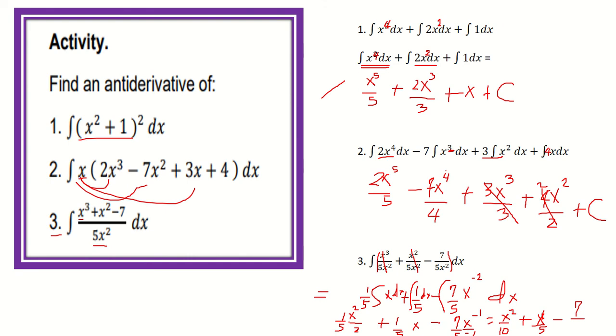Negative 5 times negative, that becomes positive 5. And then, x to the negative 1 is nagiging sa baba na siya. So, 5x. So, amo na ang iyahang result. Plus C. Okay. That's all. My question?